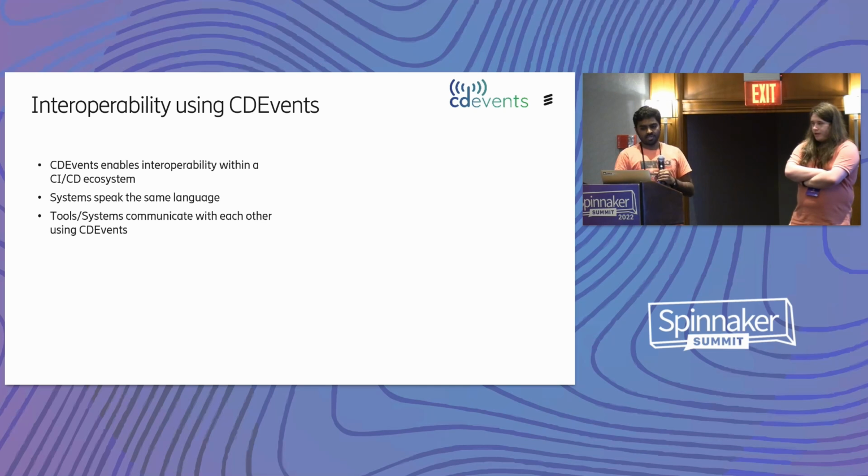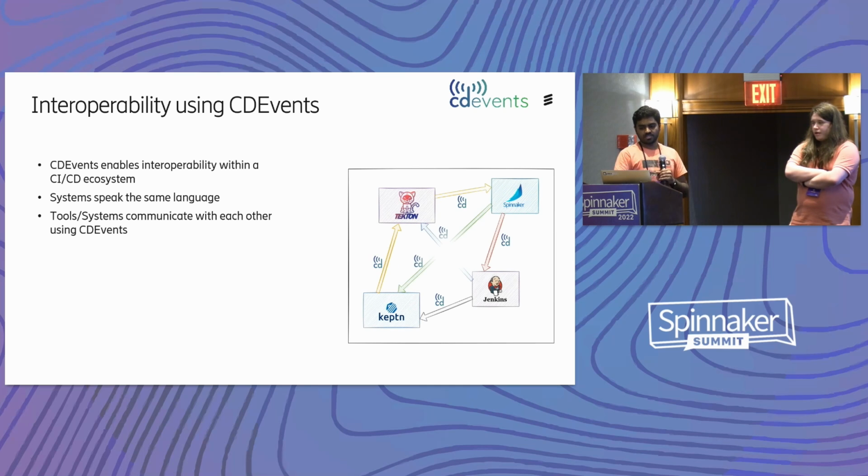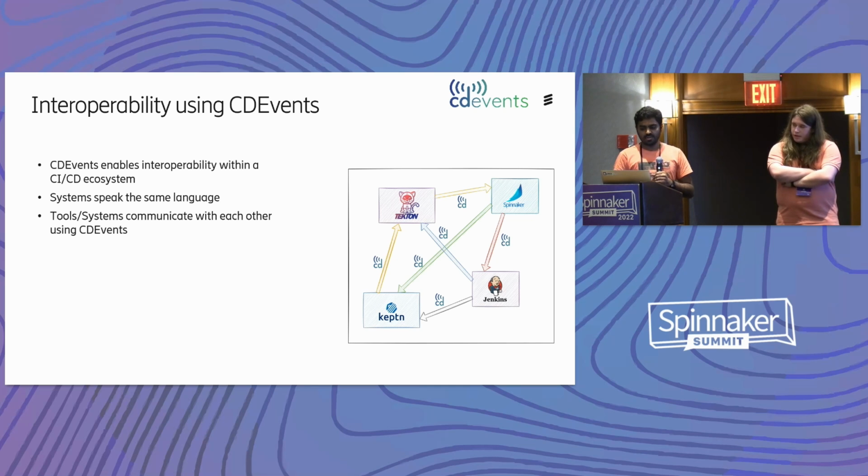Using this we can enable interoperability between different CI/CD tools, and like Adam mentioned, now systems can speak the same language. Tools can communicate with each other, and we don't have any glue code here, like Jenkins talking to Tekton, and Tekton talking to Spinnaker. We will not deal with any integration part here, it's all interoperability using CD events.